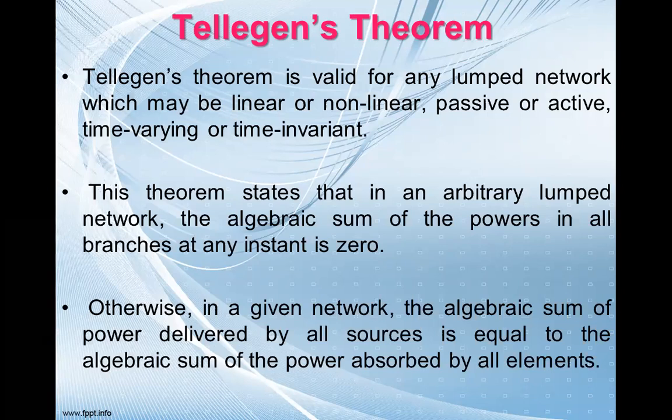Okay, but in any lumped circuit means all the electrical networks. See, there is a concept of lumped network and there is a concept of distributed network. Distributed network is valid for the transmission line. The transmission line starts from the generating station and comes up to the consumer end, and it will pass through various substations.